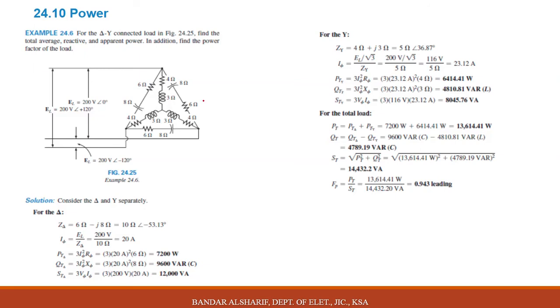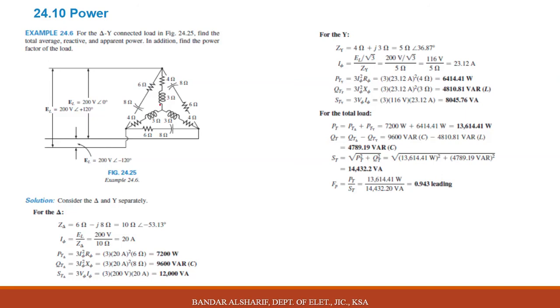Here, this circuit is combined between Y and delta, so we need to find the power in the Y connection and the power in the delta connection and add them. For active power, there is a resistor in delta and a resistor in Y. We will find each and add them. For reactive power, we have an inductor in the Y connection and a capacitor in the delta connection.